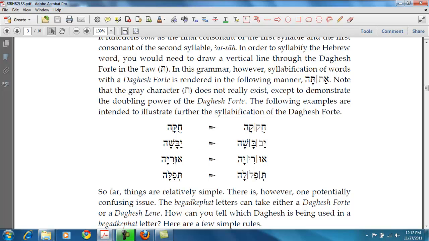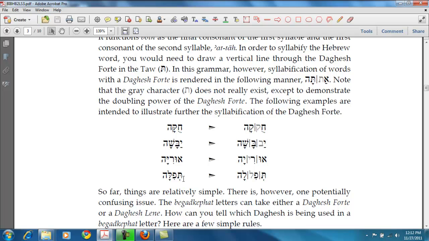Uriya. You have the aleph with the shureq, the resh with the hiriq and the yod, giving that ri sound, uri, and then because there's a dagesh in that yod right there, that's telling you that it starts another syllable with a yod, uriya.